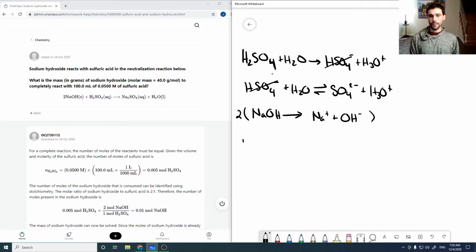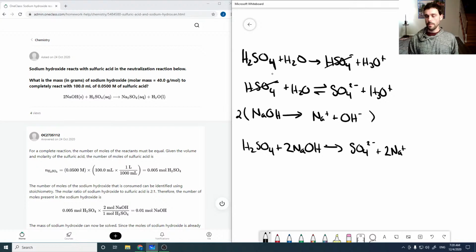And so we would have H2SO4 plus 2 NaOH going to SO4 2 minus plus 2 Na plus, 2 H3O plus, 2 OH minus, which these are going to balance into 4 waters.